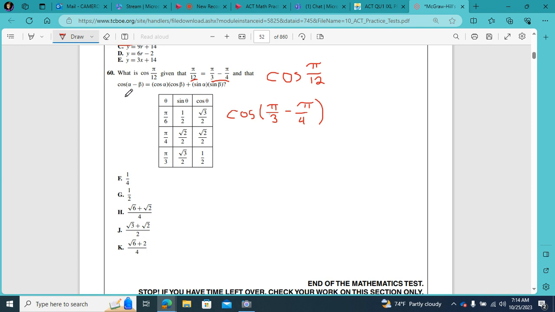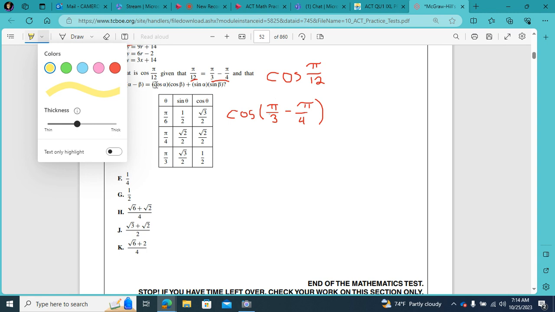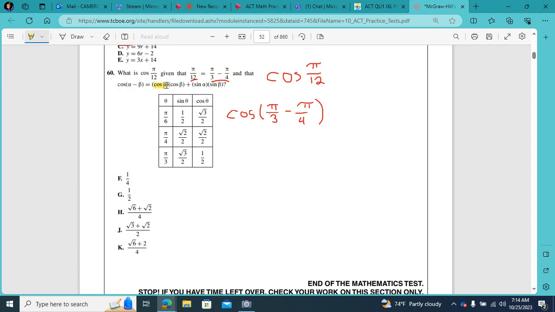Now the next piece of information, the cosine of alpha minus beta equals this. So I just need to match up each piece of this with the chart right here. So here we go. I'm going to highlight. If it's the cosine of alpha, which alpha is the front one, pi over 3. The cosine of pi over 3 is a half, right there.